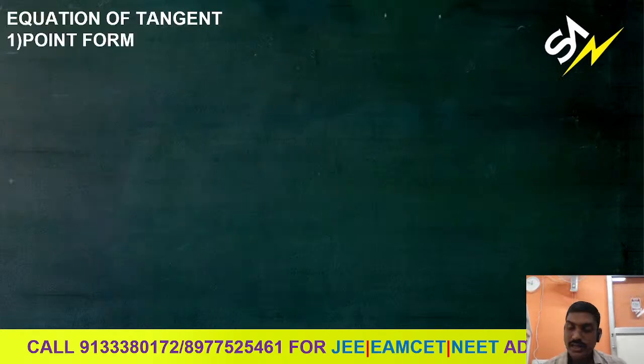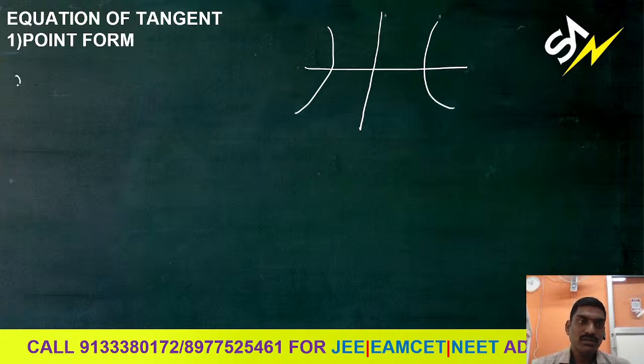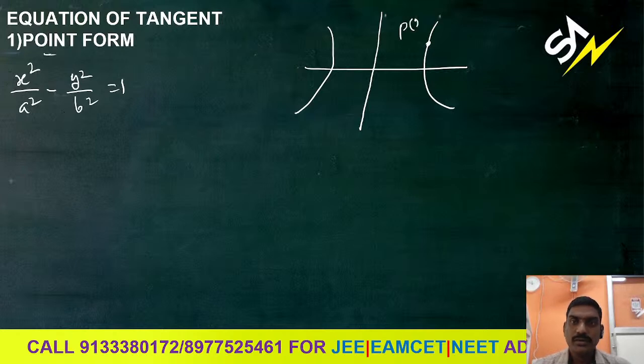Okay, next, equations of tangent. So let us take the hyperbola. What is the standard form of the hyperbola? x square over a square minus y square over b square is equal to 1. So here we are discussing point form. Suppose let it be point P, P is x1, y1. Then what is the equation of tangent?